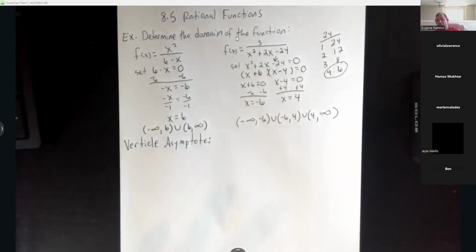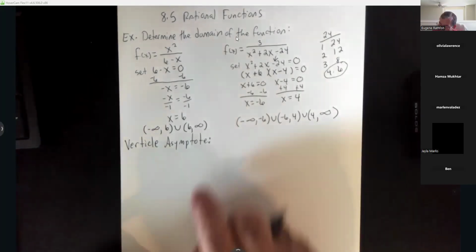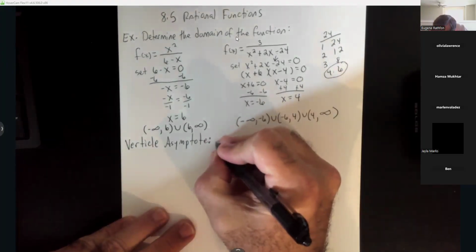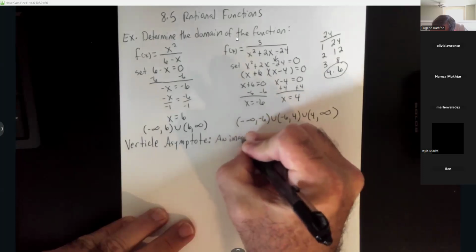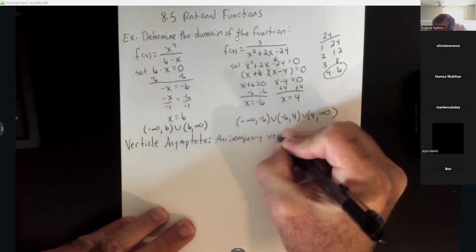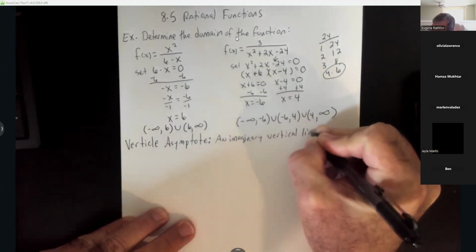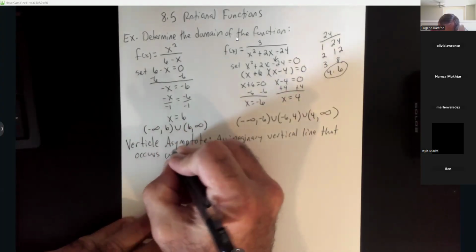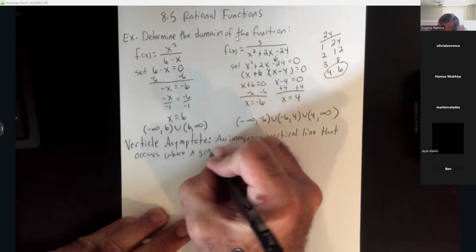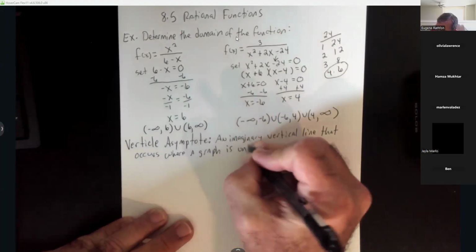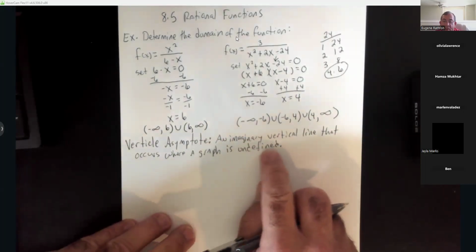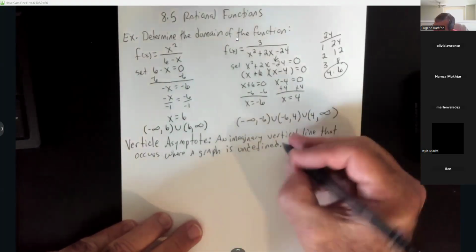All right, so since we're dealing with rational functions, we have to talk about vertical asymptotes. A vertical asymptote is an imaginary vertical line that occurs where a graph is undefined.